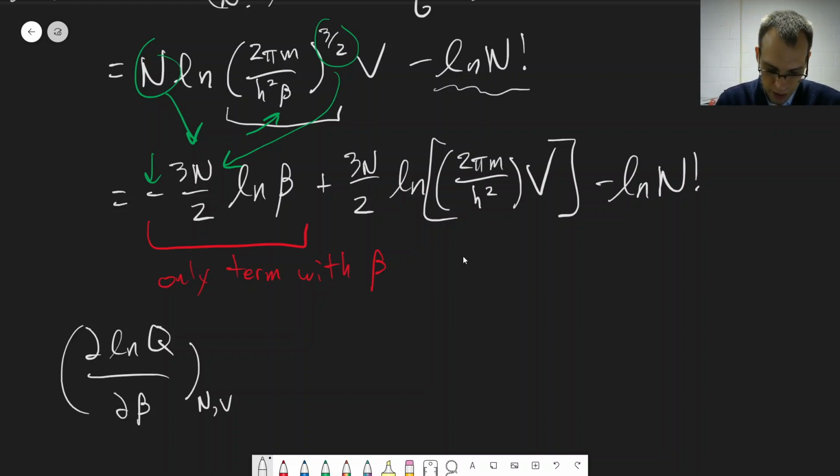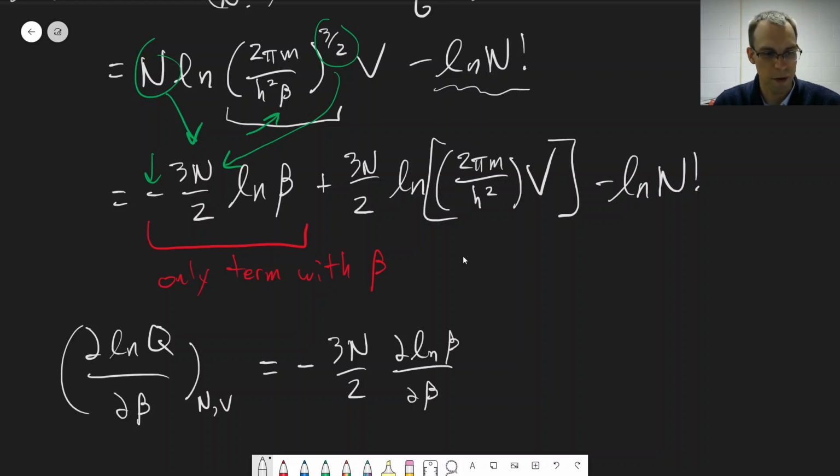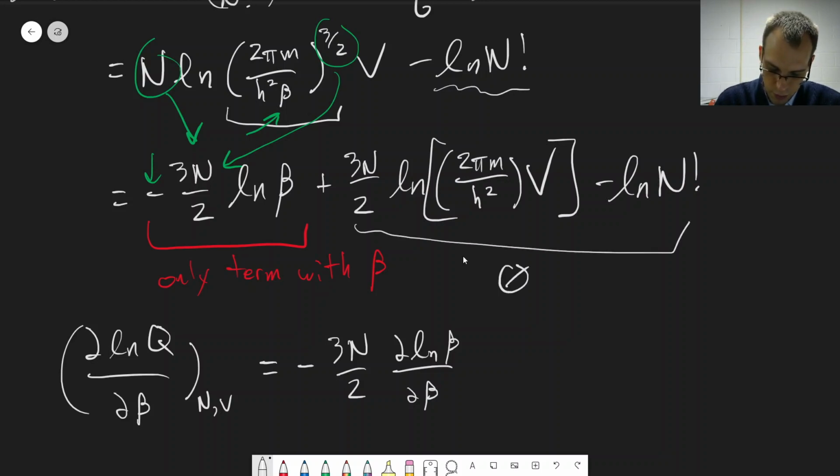But we're going to get minus 3N over 2 d log beta d beta. So we take the derivative of the natural log of beta. And these terms over here, when we take the derivative with respect to beta, are all going to go to 0, so we can ignore them.